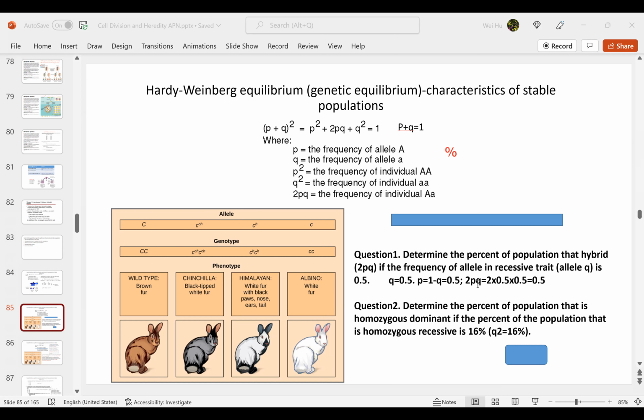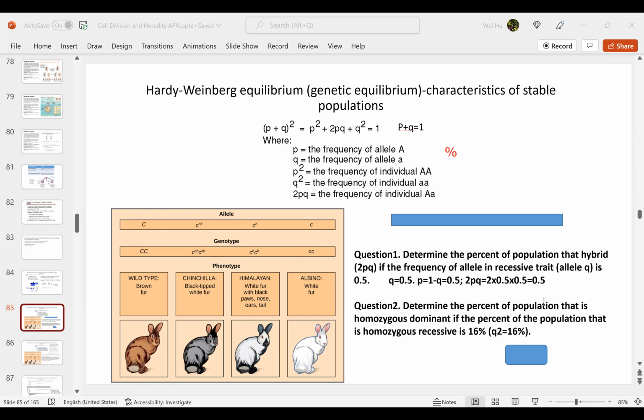Then what's 2PQ? Easy, right? So 2 multiplied by 0.5 and multiplied by 0.5 equals 0.5. So this is the answer. They asked for the 2PQ frequency.